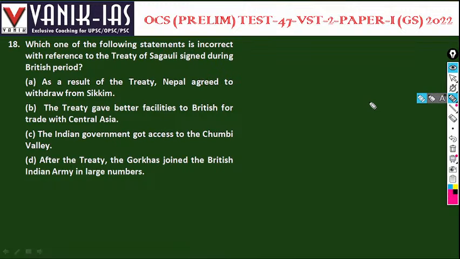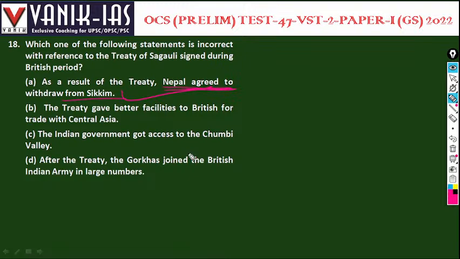Which of the following statements is incorrect with reference to the Treaty of Sugauli signed in the British period? As a result of the treaty, Nepal agreed to withdraw from Sikkim. Yes, this is right. The treaty is related to the land boundary between India and Nepal. The Kalapani dispute is also related to that.